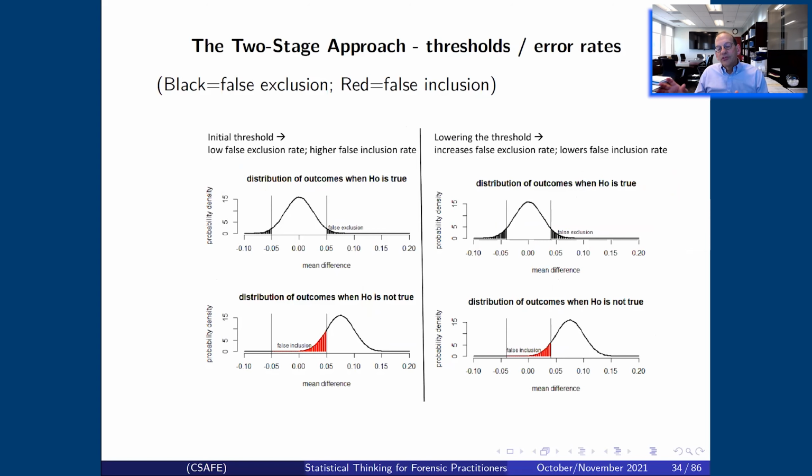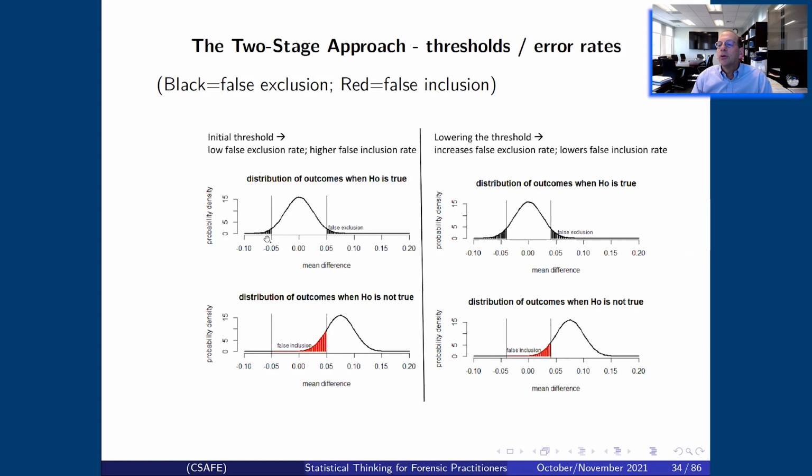Here's a picture that I hope helps everyone see this. Let's start with the left-hand side of the picture. I picked a threshold. The threshold is the goalpost here, the vertical bars. And I've got a measure of the difference between the two glass samples. The top is when I have same source glass samples, I expect to get a difference around 0 because they're same source.